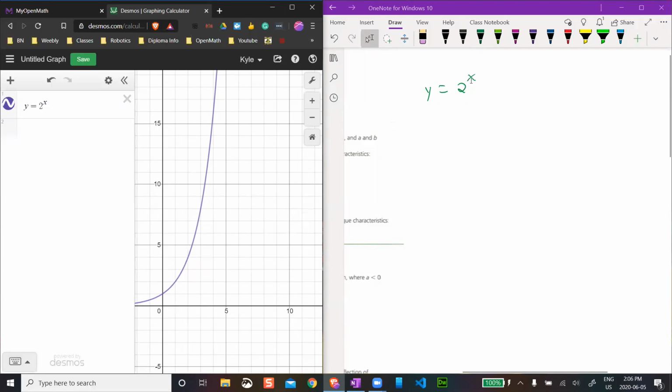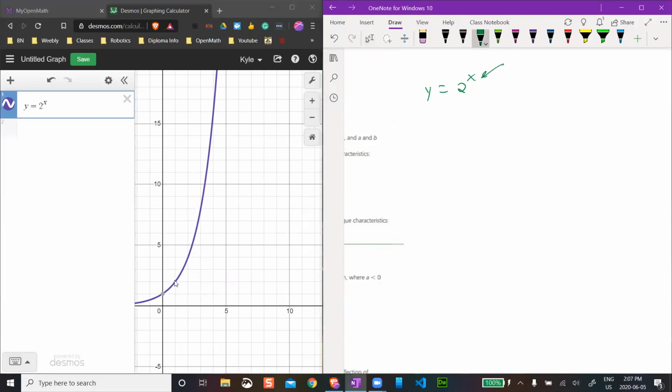When x is 1, then y is 2. So that would be the point (1, 2). And then if I made x equal to 2, that's 2 to the power of 2, which is 4. So now when x is 2, y is 4.